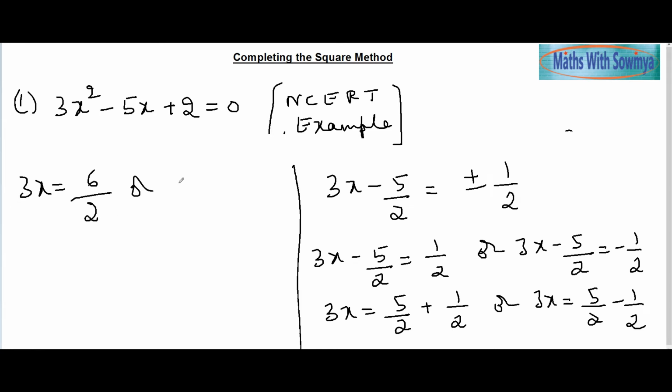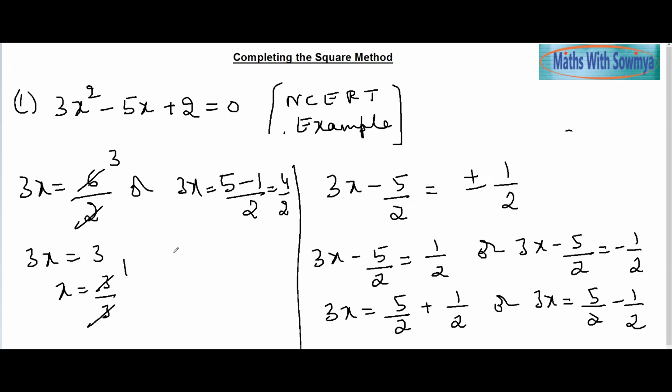In the second case, 3x is 5 minus 1 by 2, which is equal to 4. We are going to get 4 by 2. So this will give me 3. 3x is equal to 3. x is 3 by 3, 1. Or here we are going to get 3x is 4 by 2.